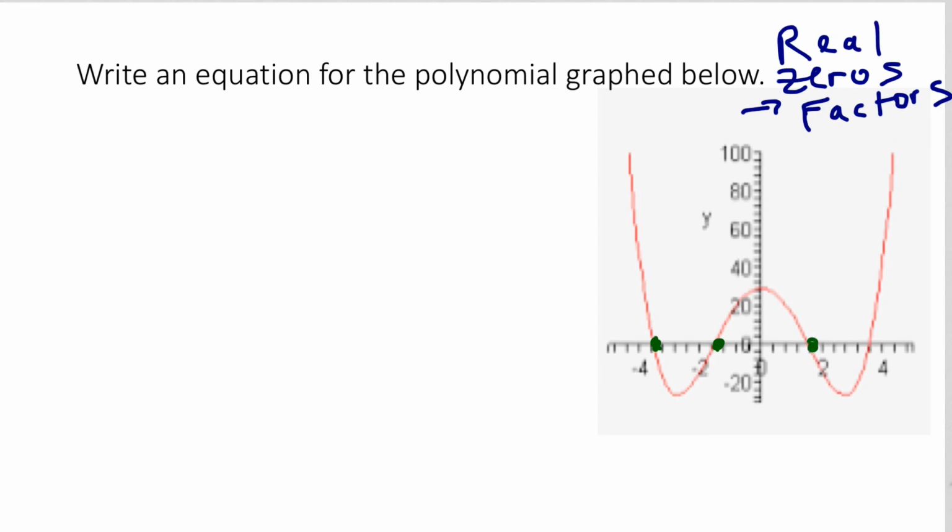So this one is at 2, and this one is at 4, and this point here we're going to say is at 0, 30, my y-intercept. Okay, so my zeros, I have 4 of them this time, 4 real zeros, minus 4, negative 2, 2, and 4.